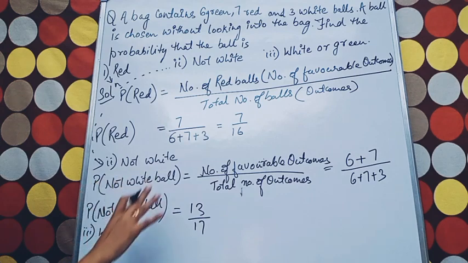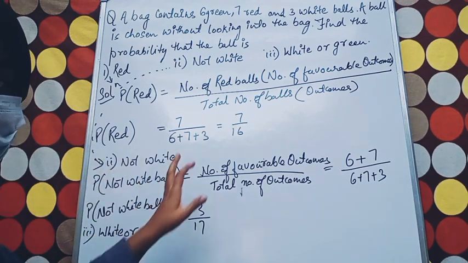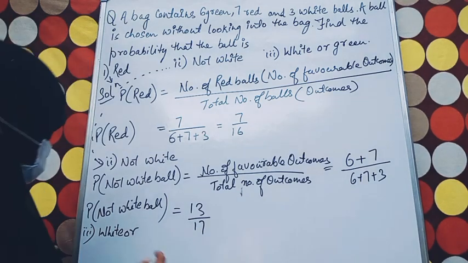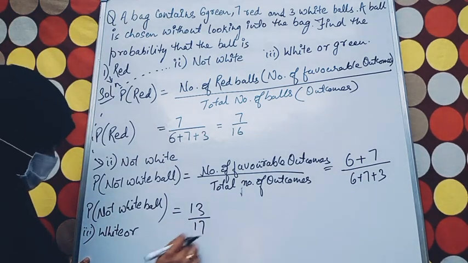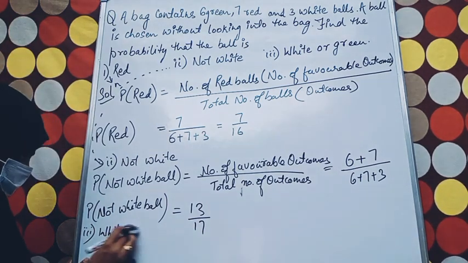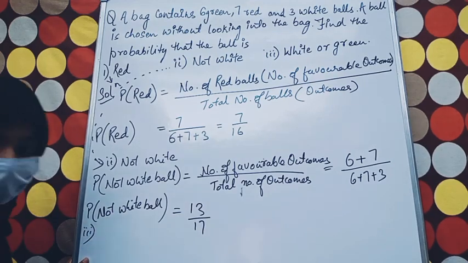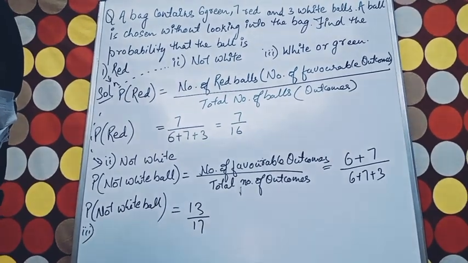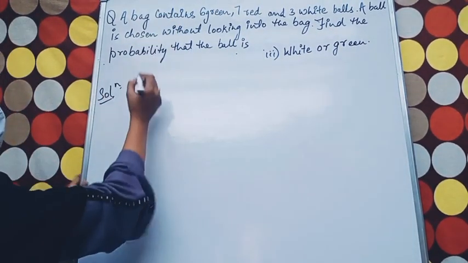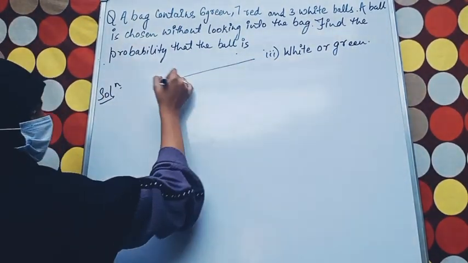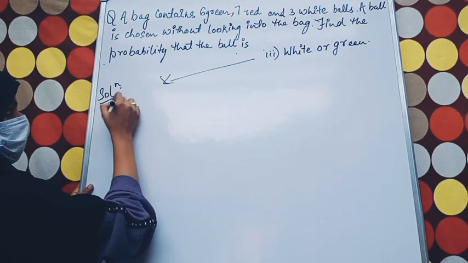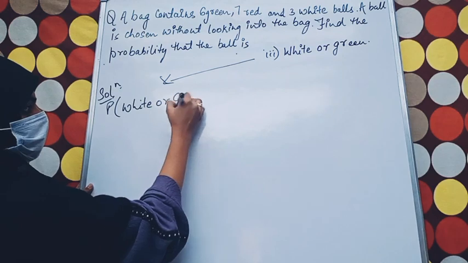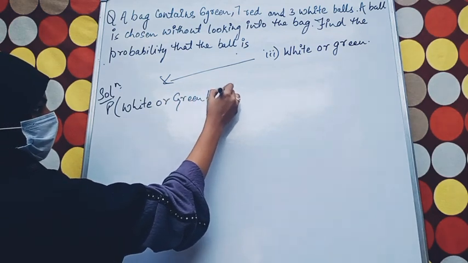Let me clean this so that it becomes clearer. Now we have the probability for the third part: the probability for a white or green ball.